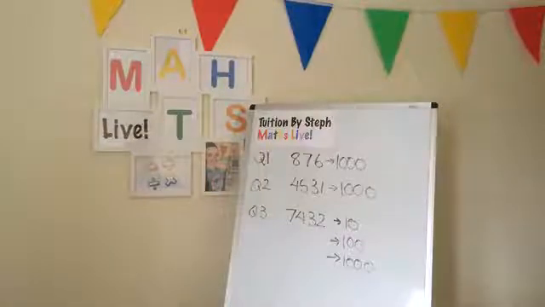So we've got 876 to the nearest thousand, 4,531 to the nearest thousand, and then 7,432 to the nearest 10, 100 and 1,000. And by the way, with the first one, I did get a question from a parent asking if I'd written the correct number. And I said yes.